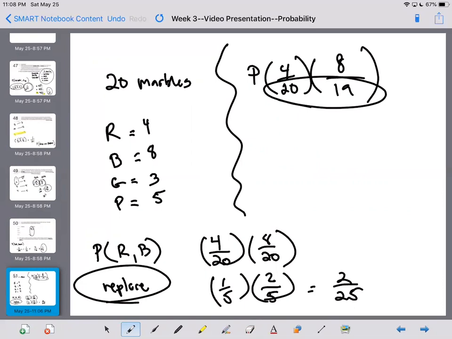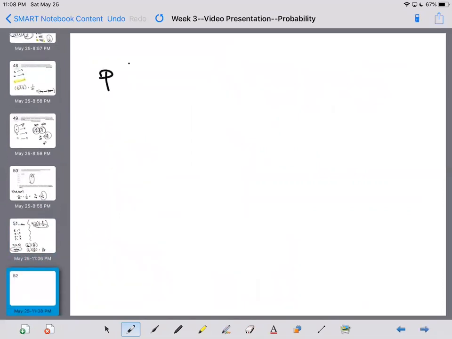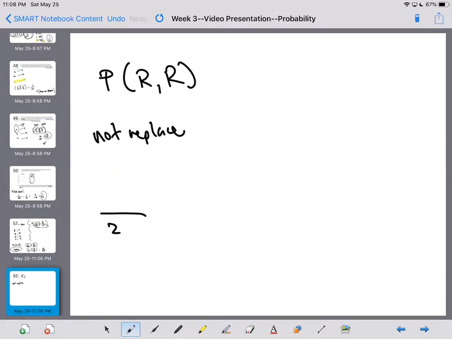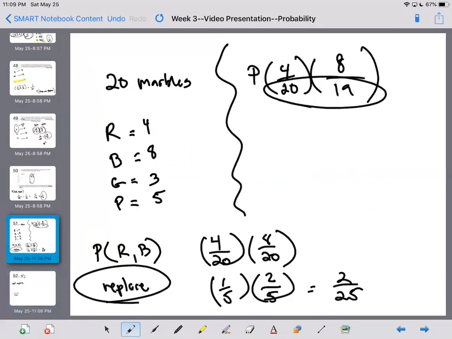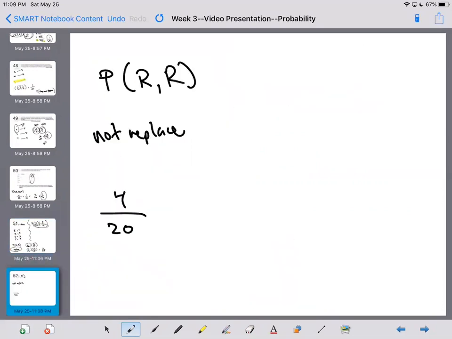So look at one more. What's the probability of choosing a red and then a red if you did not replace? Well, we know there was 20, and we know that there was 4 red. So 4 out of 20, but if I didn't replace it, and I've already chosen a red, now it's 3 out of 19.